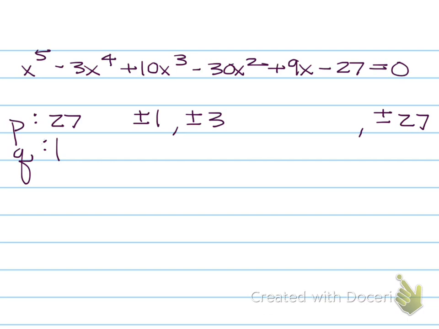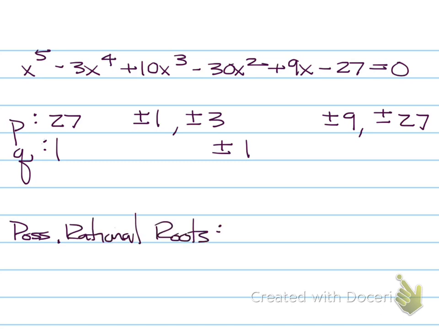Another factor of 27 is 3, plus and minus, and 9, plus and minus. The only factors of 1 are plus and minus 1. Alright, so the possible rational roots are positive and negative 1, positive and negative 3, positive and negative 9, and positive and negative 27.